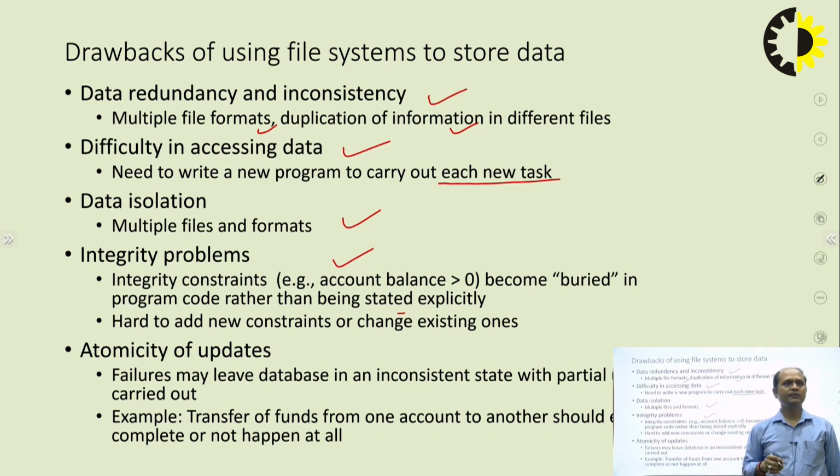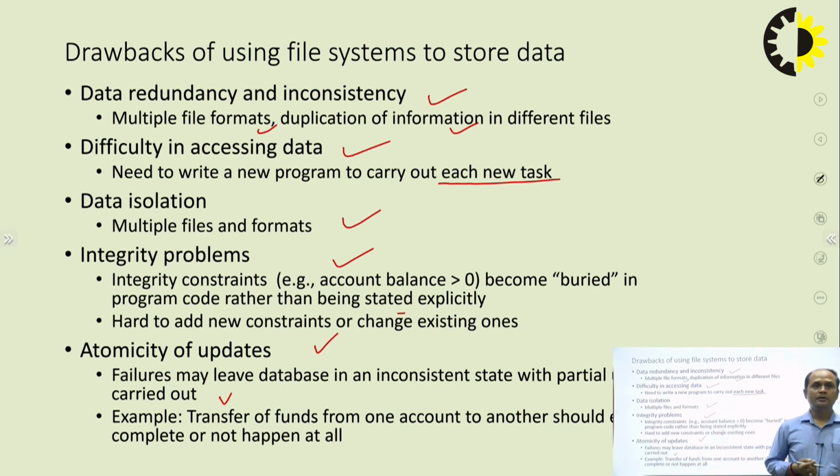Then atomicity of updates is the next drawback. A failure may leave the database in an inconsistent state with partial updates carried out. For example, a transfer of funds from one account to another should either complete or not happen at all.